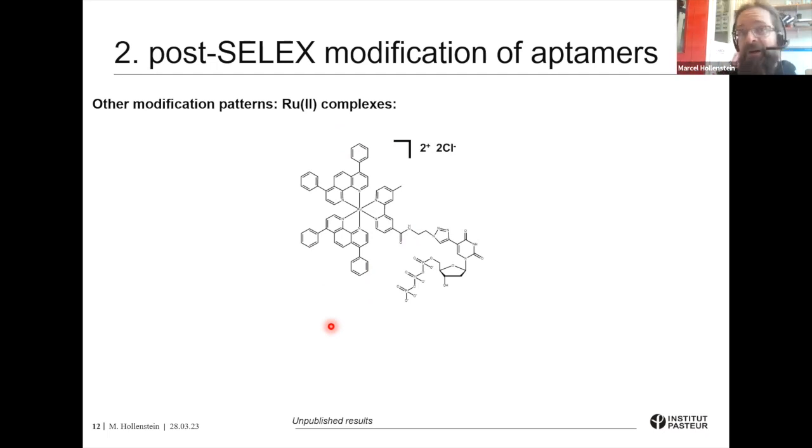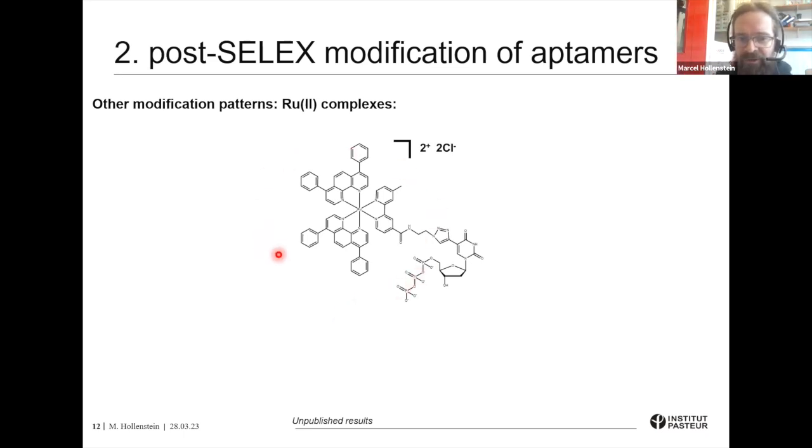However, the problem with this treatment modality is that it does not have any specificity, because the photosensitizers, ruthenium complexes or small molecules, cannot distinguish cancer from healthy cells.